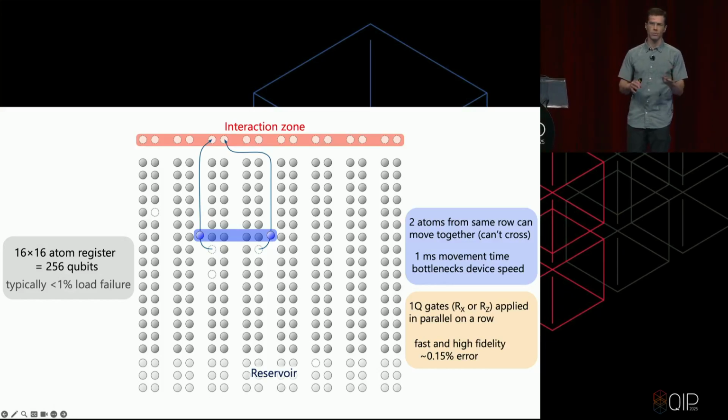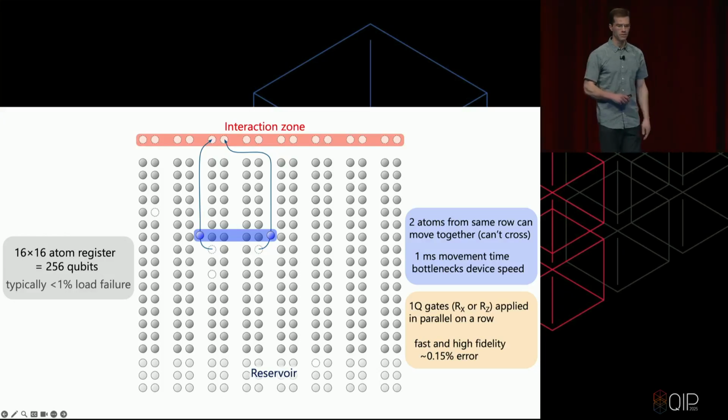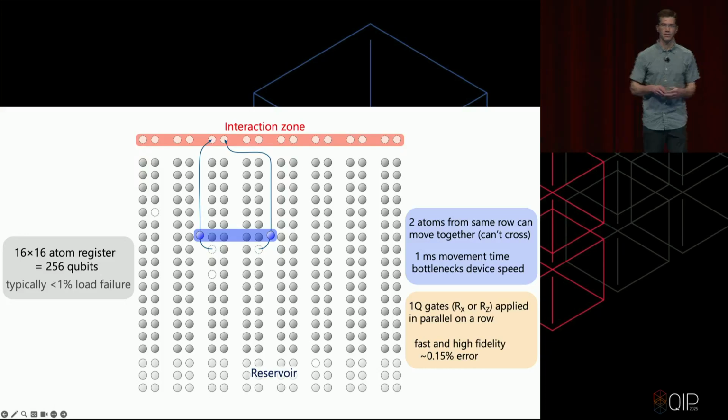I think it's similar no matter what row you're moving to the top. From the very bottom to the top is around 1 millisecond too. Something like that. And this is actually the key thing, right? That's pretty slow. This is the bottleneck that limits the speed of the device. So a 2 millisecond round trip time from the interaction zone.